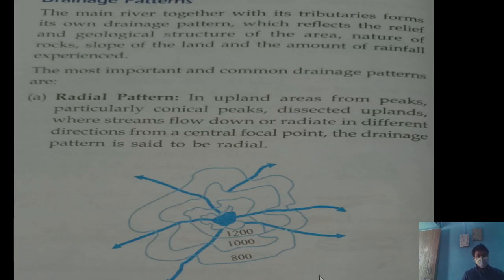So in the topographical sheet, if you see this type of contour lines and a set of streams flowing outward, you have to keep in mind it is a radial pattern. This is the center point, and these are the courses of the river in different directions.